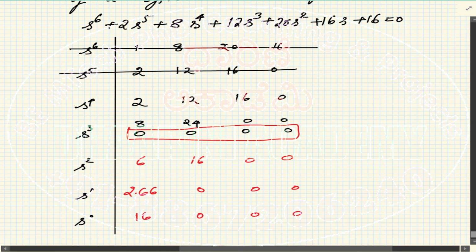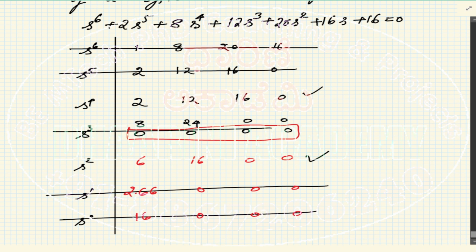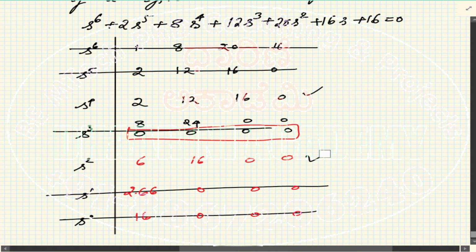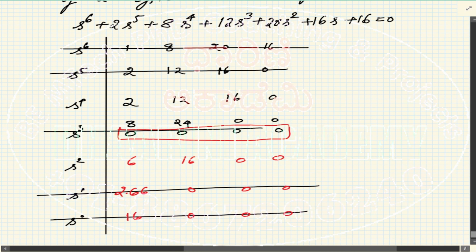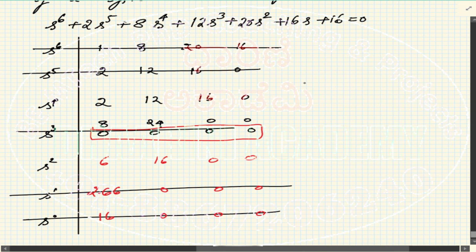Three is ruled out, one is ruled out, and zero is also ruled out. So now either two roots or four roots are possible. Always eliminate whichever is not suitable and start from the highest one. So there is a possibility of 4 on the y-axis.